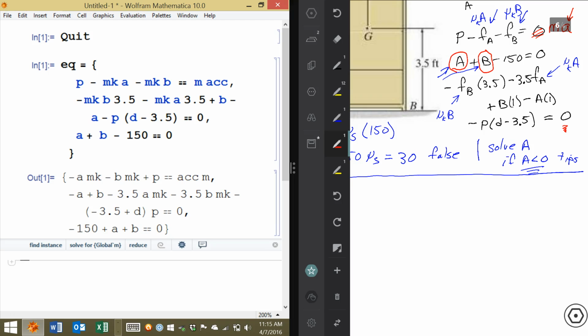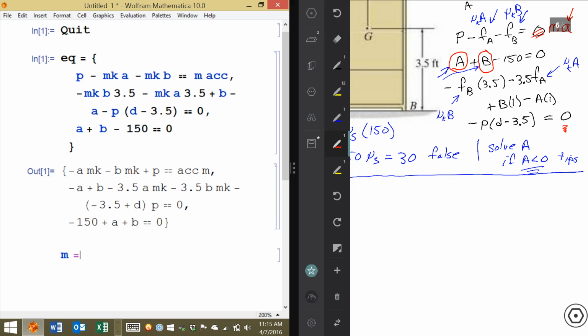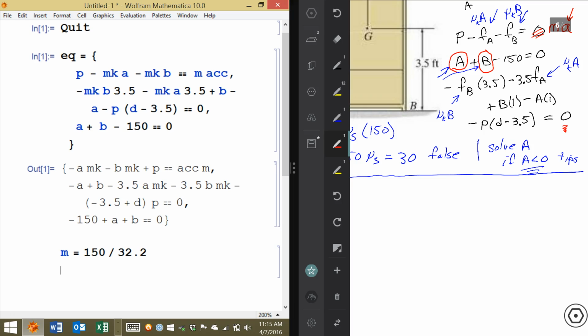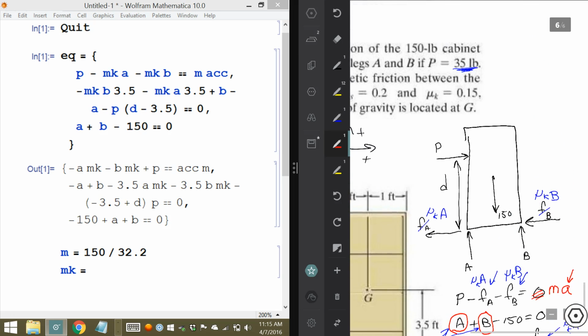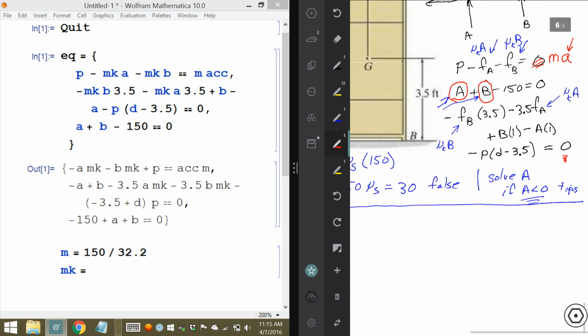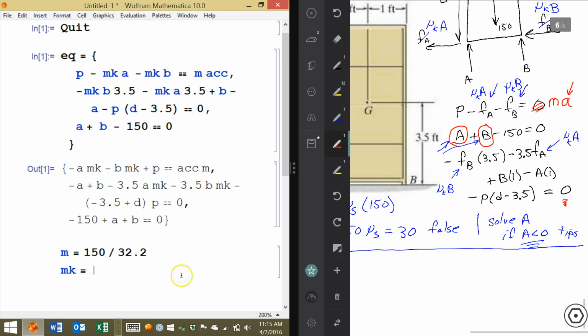Now, what are the things I know? I know that the mass is equal to 150 divided by 32.2. Let's see, what else do I know? Mu k is 0.15.